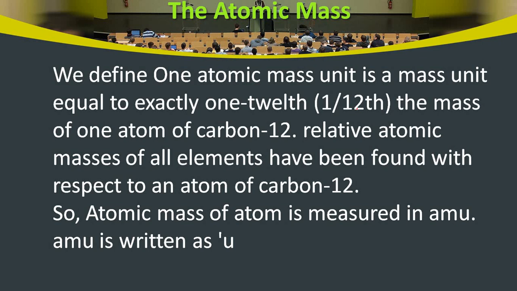Dear students, we know that atoms are very small sized, and that's why it is very difficult to know their mass. That's why scientists have taken a standard mass of an element and compared it.